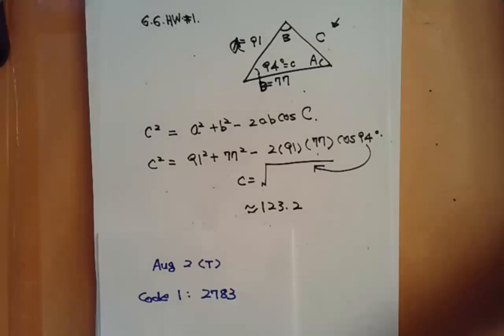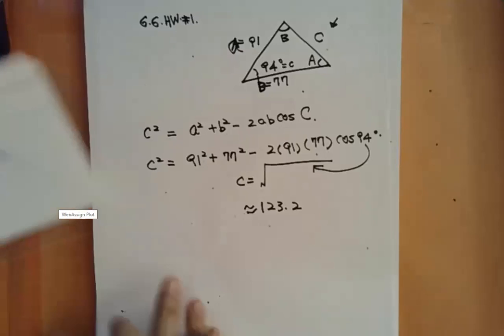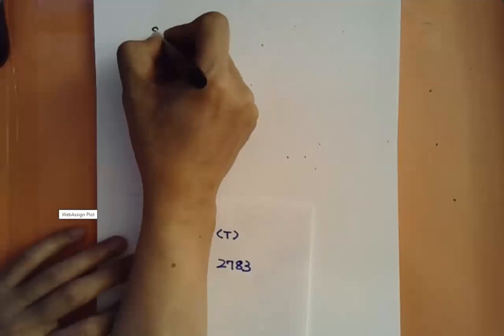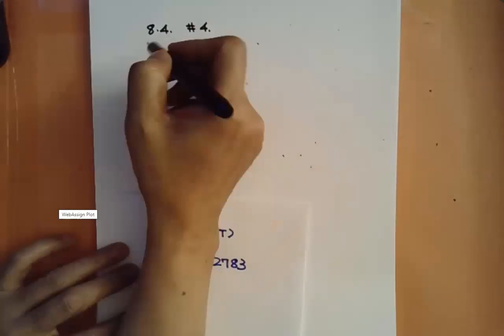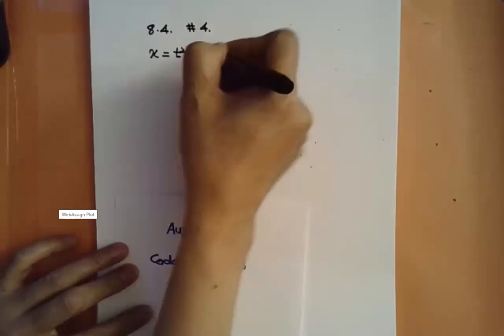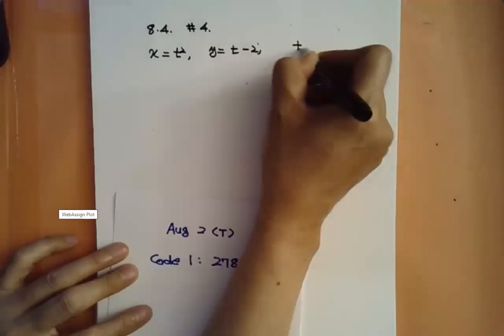The next problem is 8.4 number 4. A pair of parametric equations is given: x equals t squared and y equals t minus 2 when t is between 2 and 4.